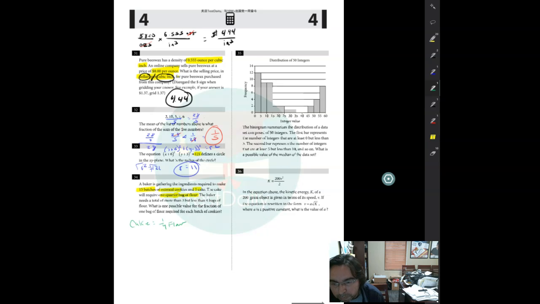Well, here we know the cake requires 1/4 bag of flour, and we're using somewhere between 3 and 4 bags. So there are a couple ways I can solve for this. I'm just going to take the upper end of this. If I have 4 bags and I take 1/4 away, then for the cookies I have 3.75 bags of flour.